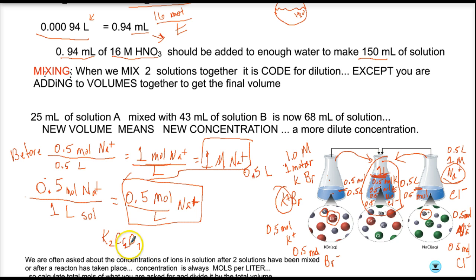And so what you have to know is that for every one of these moles, I have 2 moles of potassium, so it's going to produce 2 times the moles of potassium ions as moles of the compound. So you just have to kind of put that under your hat and keep that there.